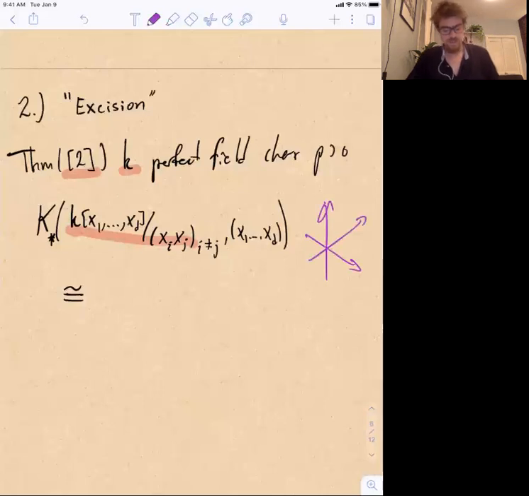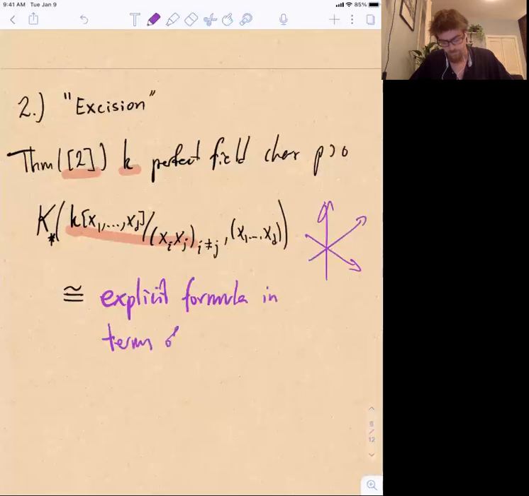And again, looking at the K theory of this ring, I give an explicit formula in terms of the Witt vectors of the base ring. So it's slightly more complicated than the above formula that we saw, but it's very similar in spirit. It's a big but finite product of finite length Witt vectors in the base ring K.